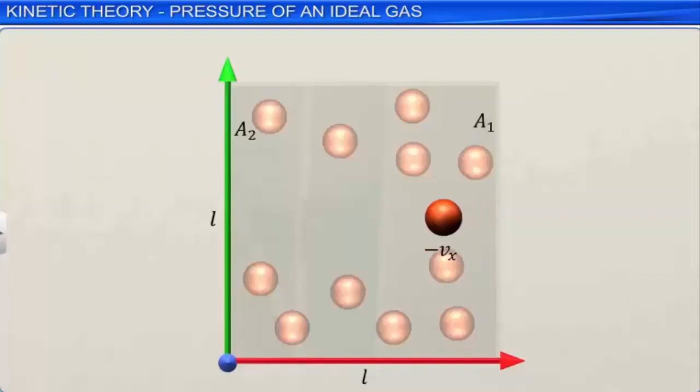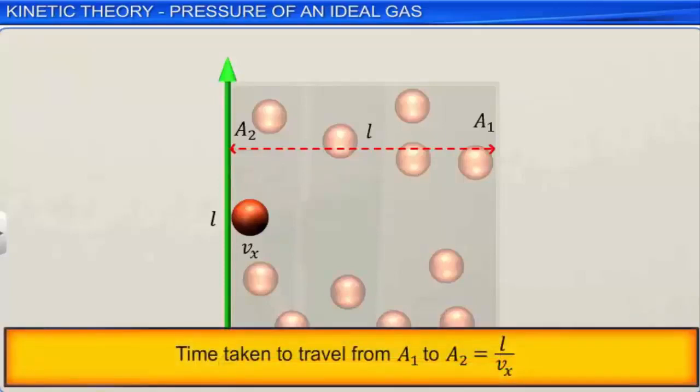If the molecule travels with a constant velocity minus Vx along the x-axis and without any collision with the other molecules reaches face A2, then the displacement of the molecule along the x-axis, that is, the distance between faces A1 and A2, is L. Then the time taken to travel from A1 to A2 is equal to L divided by Vx.